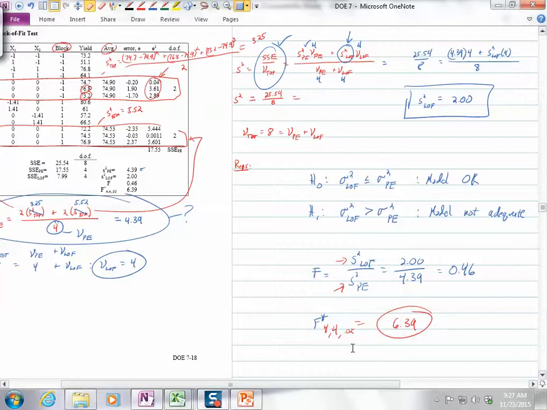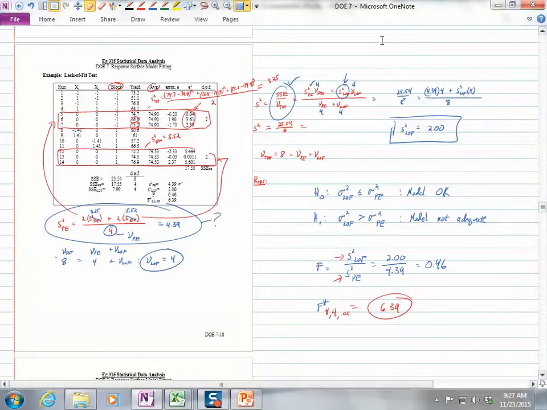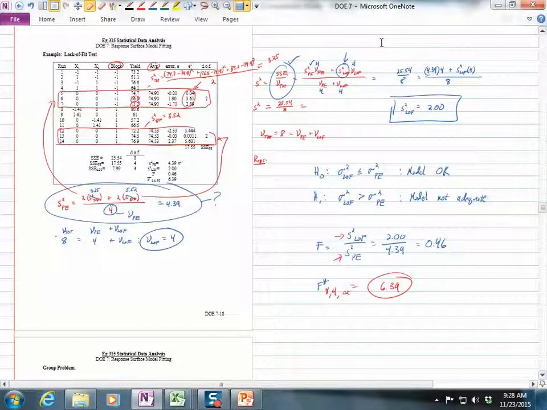So what's our conclusion? Is the model okay or not? Model looks fine, right? So we fail to reject the null hypothesis that the model's okay.